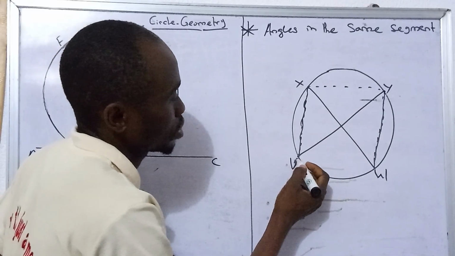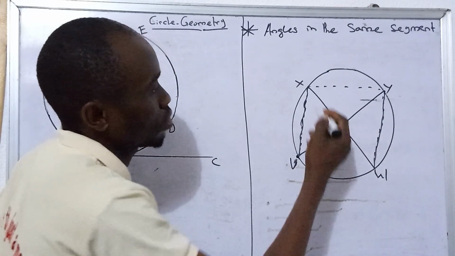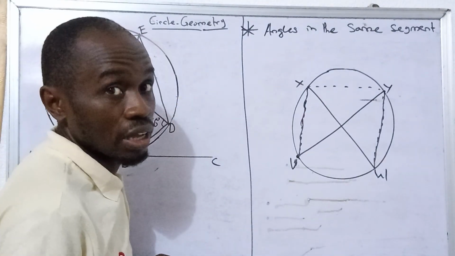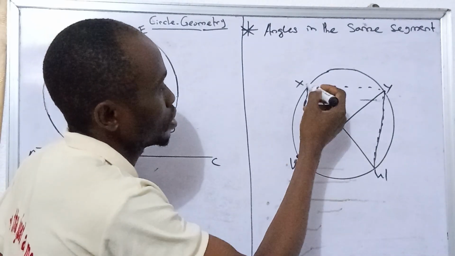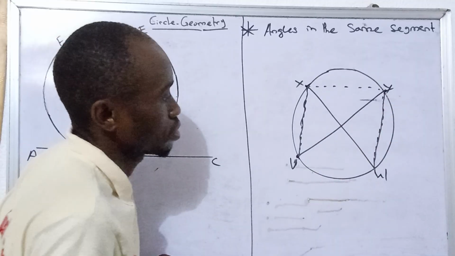What I mean is, look at the tip of V, and look at the two base arc sections of V. It ends at X and ends at Y, right?